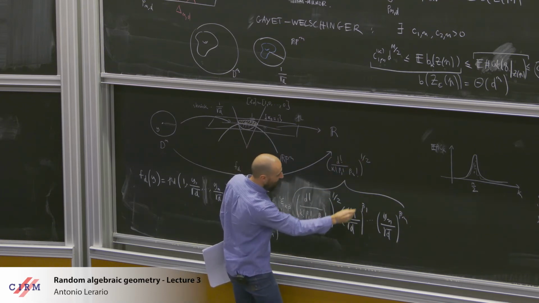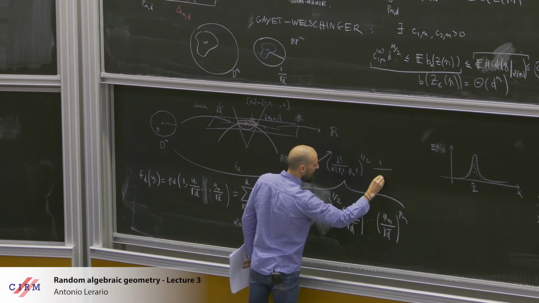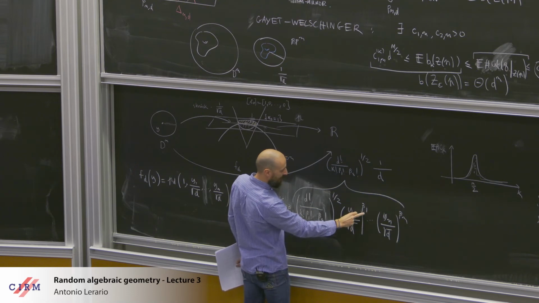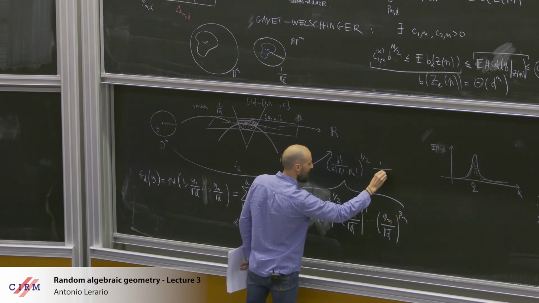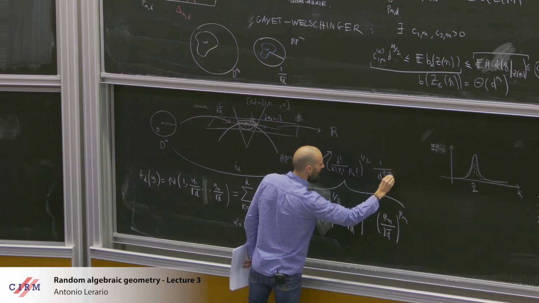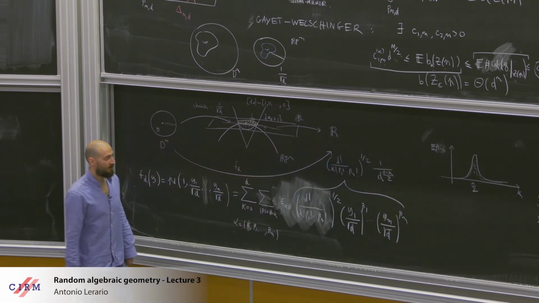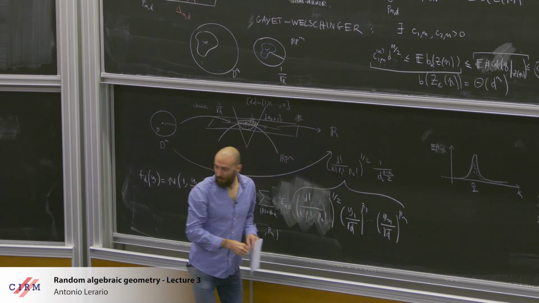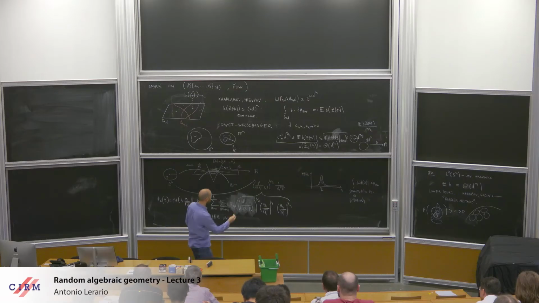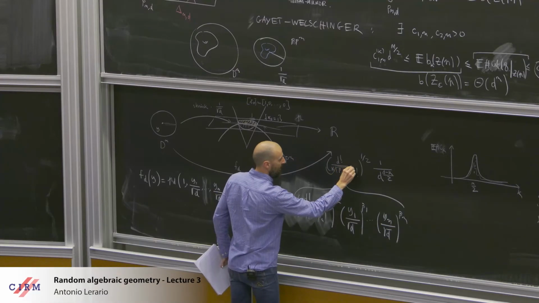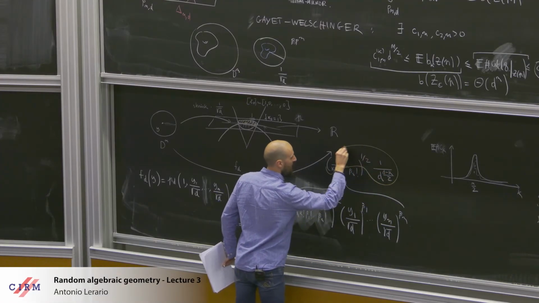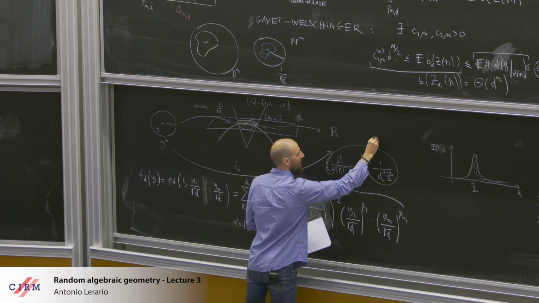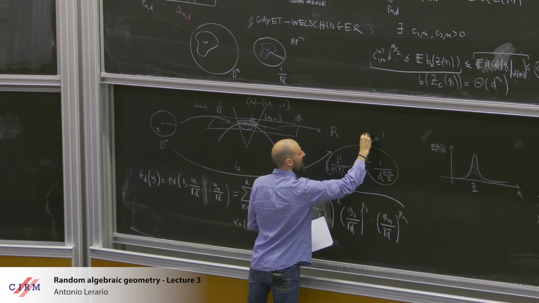And then there is this 1 over d to the power sum of the beta i's, which is d minus k over 2. Now look, just collect this part here, ignoring the beta 1, beta n. This part goes to 1 as d goes to infinity.